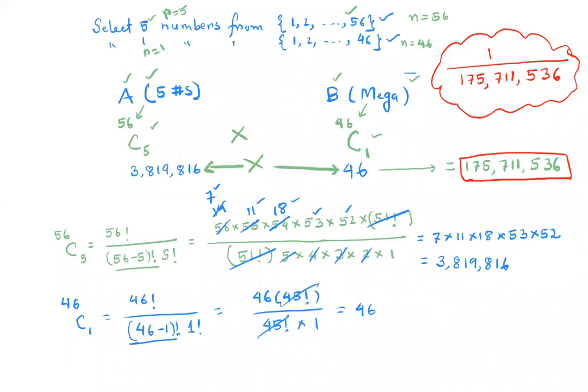Even as recent as within the last couple of months, maybe within the last month, the Mega Millions lottery went up to, I think, close to 1 billion. Yeah, I think 1 billion.